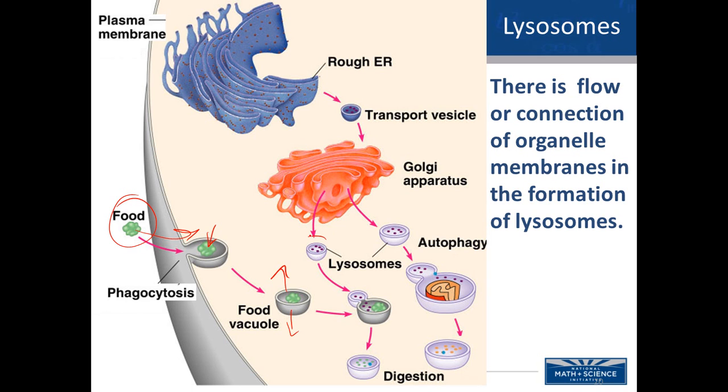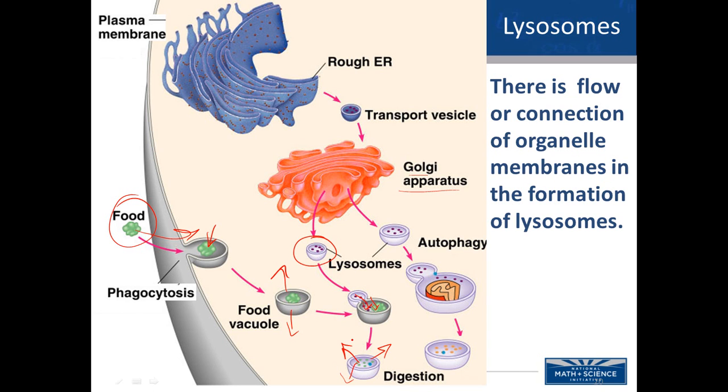So a lysosome is an organelle that was made from the Golgi apparatus that contains hydrolytic enzymes. When it fuses with the food vacuole, it will secrete those hydrolytic enzymes inside that food vacuole. It will break down the food, and now the smaller molecules will be allowed to go into the cytoplasm.